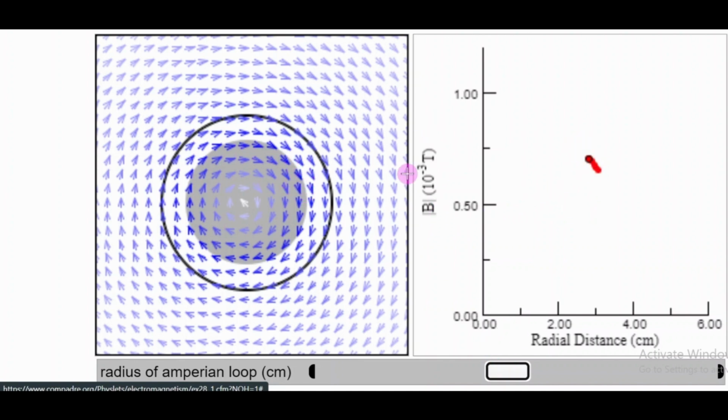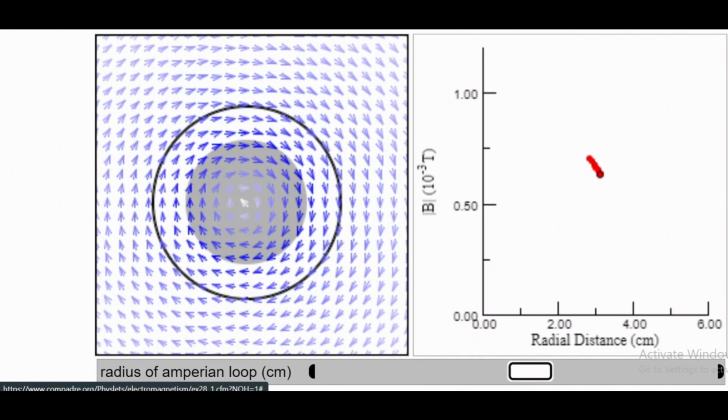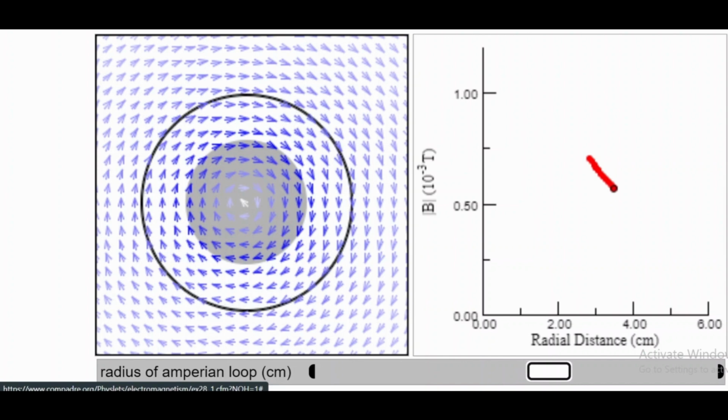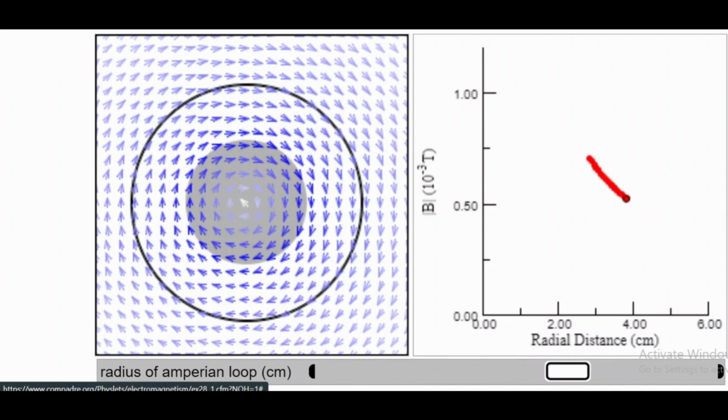So here this axis is the magnetic induction, and this axis is the distance from this conductor. If I increase this circle, then the radius will increase, and therefore the magnetic induction will decrease.